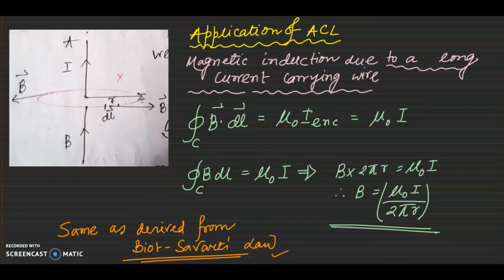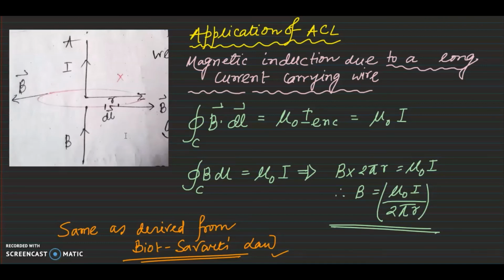One imaginary circular loop, the Ampere's loop, is drawn having radius r, and the wire passes through the plane of this imaginary loop.